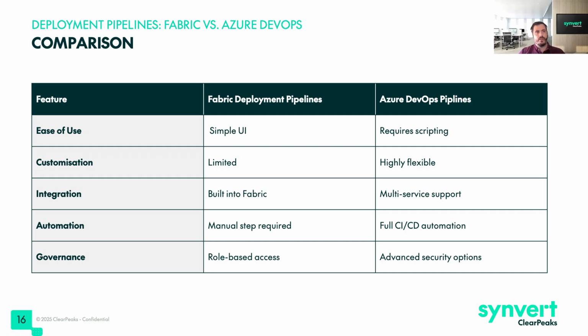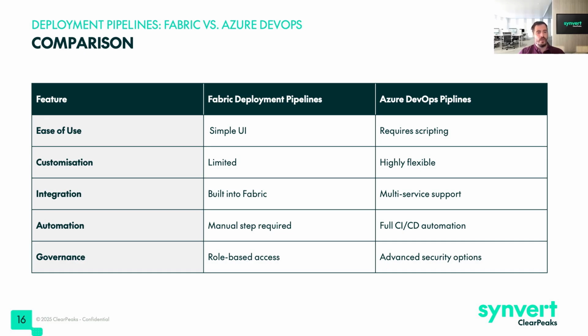On the other hand, we have integration. In this case, Fabric is only integrated within the Fabric platform, and Azure DevOps can interact with many more systems within your Azure platform.